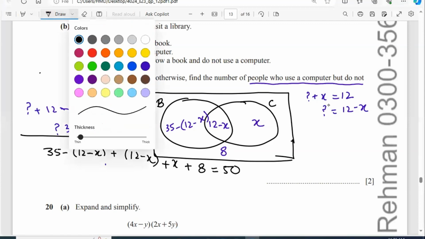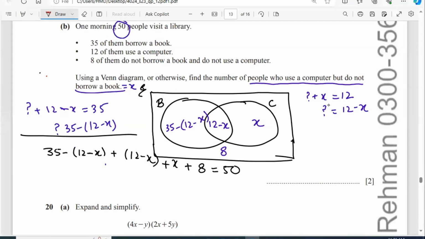So plus 12 minus X and minus 12 minus X will be cancelled out. So 35 plus X plus 8 equals 50. So X equals 50 minus 8 minus 35, which is 7.